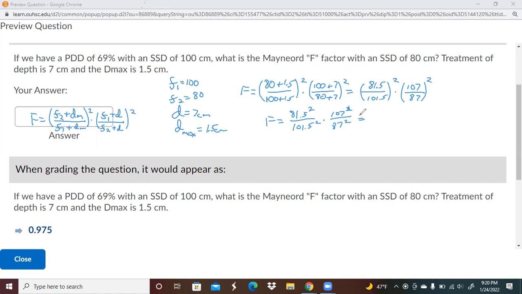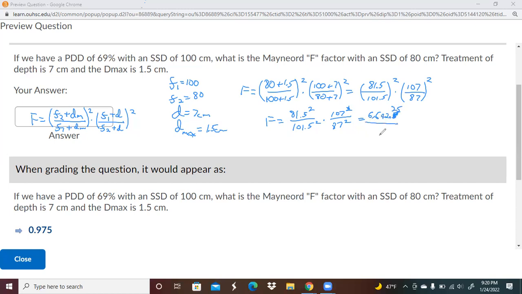81.5 squared, let me look that up because I'm not a math whiz. I do not remember what that turns out to be, but 81.5 squared is 6,642.25. That's a big number, but it's exact. Oops, that should be 0.25.